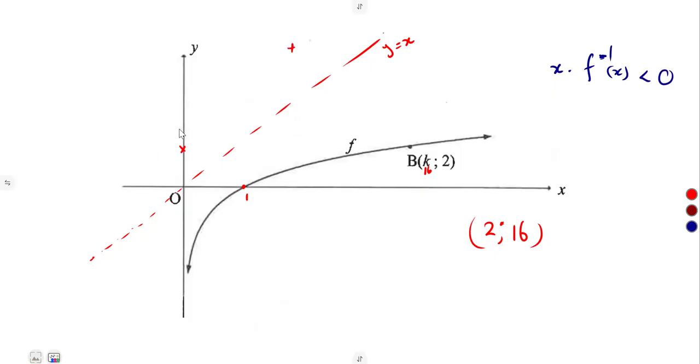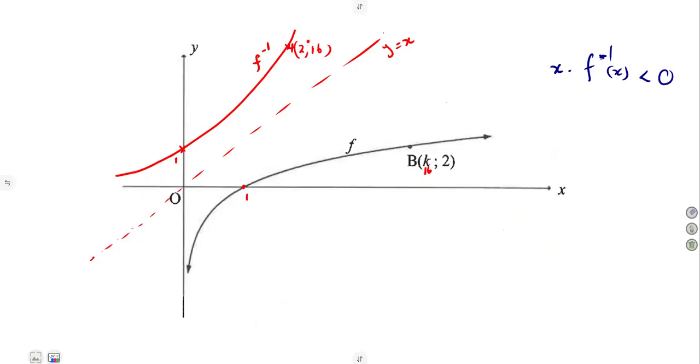So we're going to have our graph limited to the x-axis. It was going to be something like this. So that is what you're going to have. This is 1, and this is 2 versus 16. Here, I just want you to know what you are dealing with, the inverse of f.